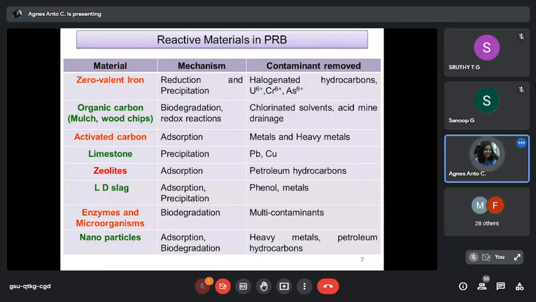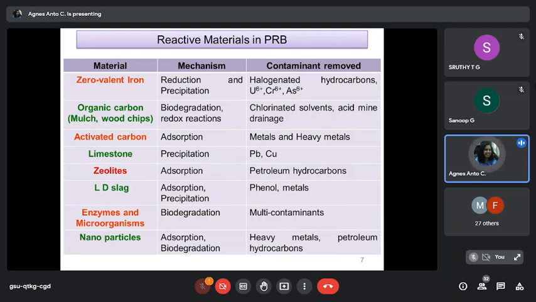Then the next material is organic carbon, which can be used in the form of mulch or wood chips. Mulch is nothing but composed or decomposed vegetative matter, and it is a very good substrate for microorganisms to grow upon. So when you use organic carbon rich sources like mulch or wood chips, it will facilitate the removal of chlorinated solvents and acid mine drainage. You might have heard about acid mine drainage in the previous sessions.